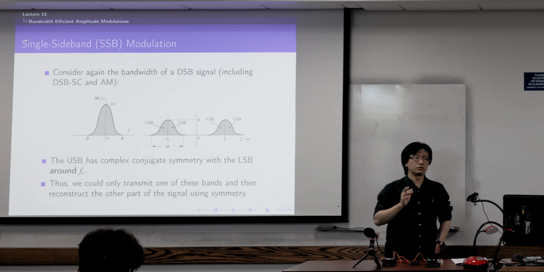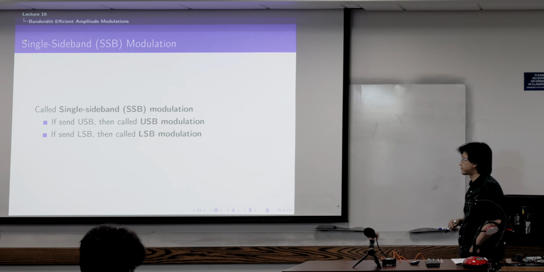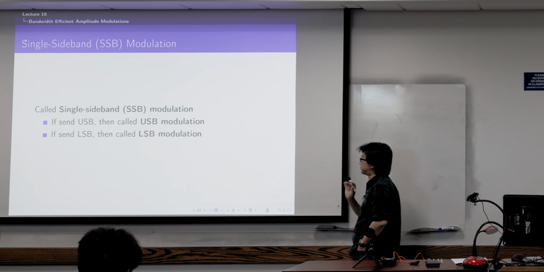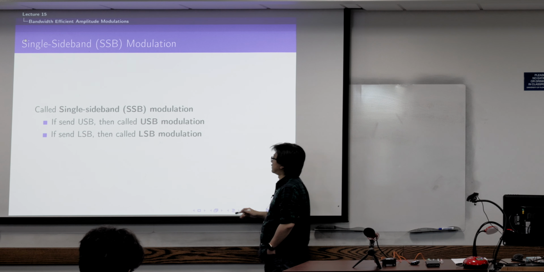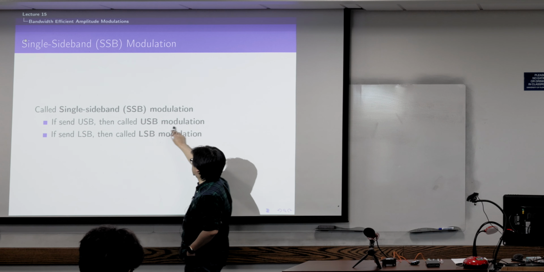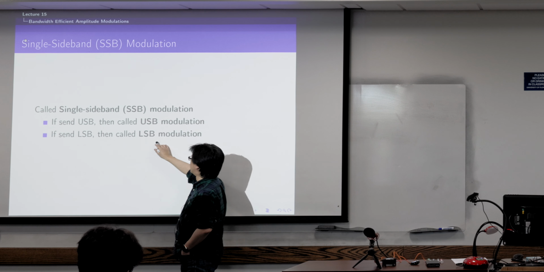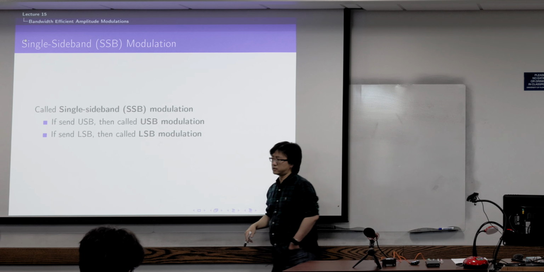The idea is to transmit only half of the band. Some terminology: if we send the USB, it's called USB modulation. If we send the LSB, it's called LSB modulation.